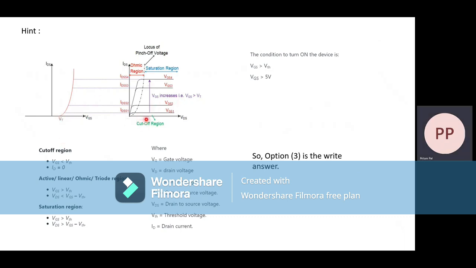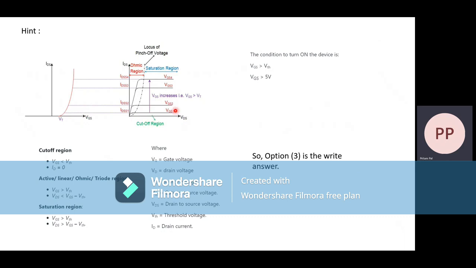See, here in the cutoff region, this is how, with the change of the bias voltage, the current is increasing in the device, right? With the change of gate voltage, you can see how the drain to source current is increasing.